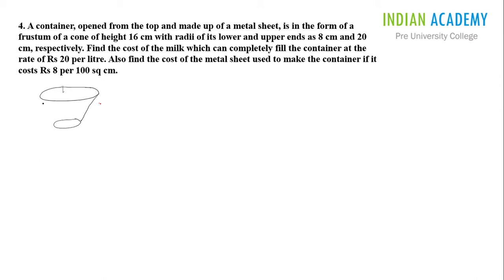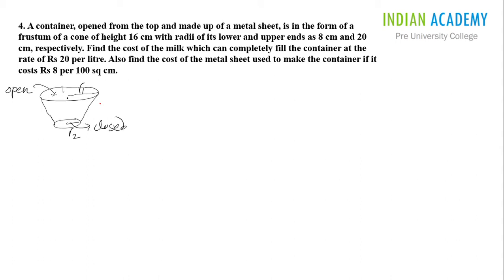And let's consider the radius of the top circle be R1 and the radius of the bottom one is R2. Please remember the container is open from the top, so it's open from the top and closed from the bottom.